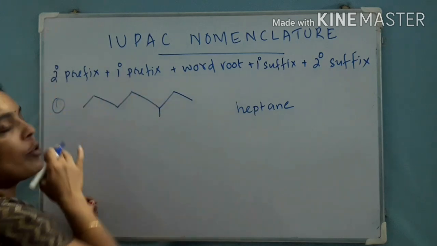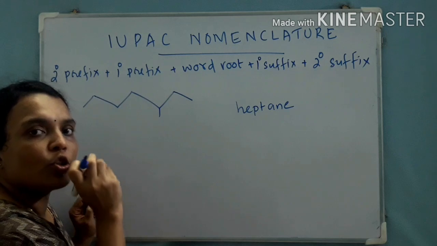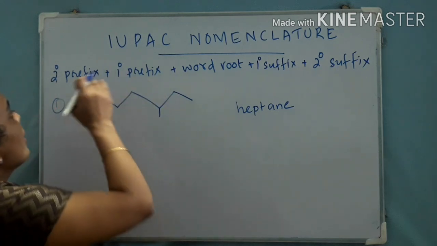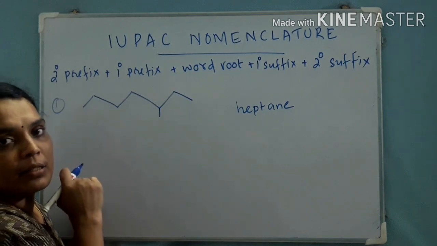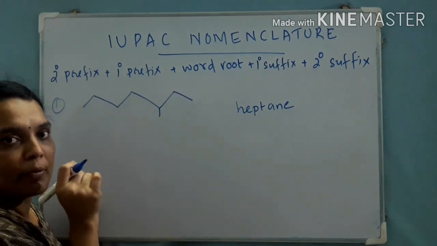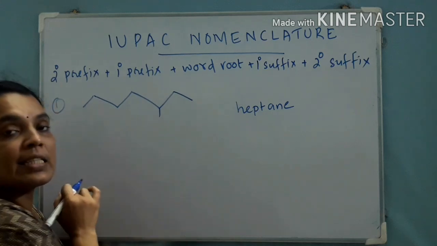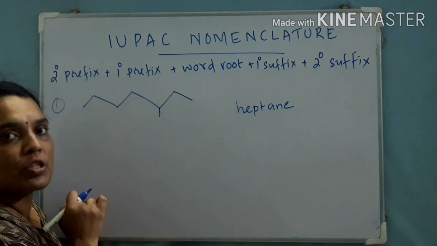Okay, then come to the left side, primary prefix. It is not a cyclic compound, so no need of primary prefix. Come to the secondary prefix. Secondary prefix indicates substituent. So here there is a substituent. Which substituent is it? It is a methyl substituent. And we have to mention the position.